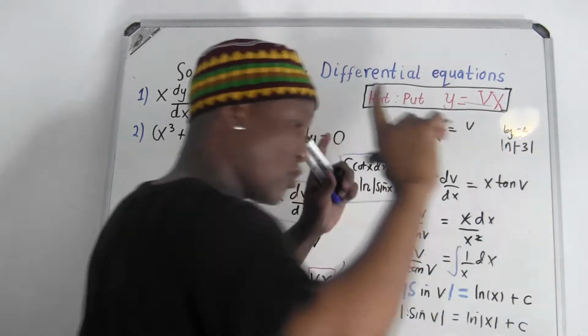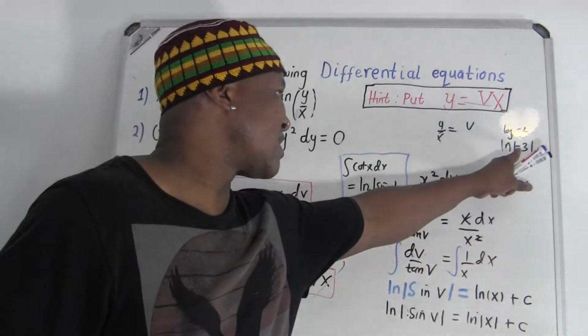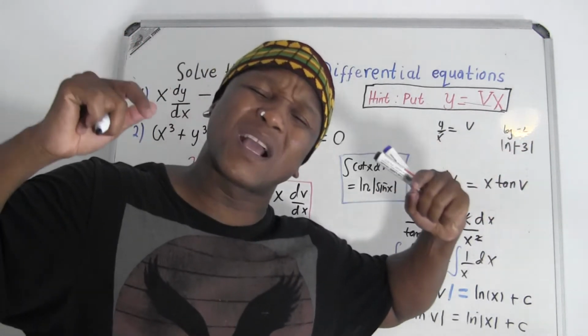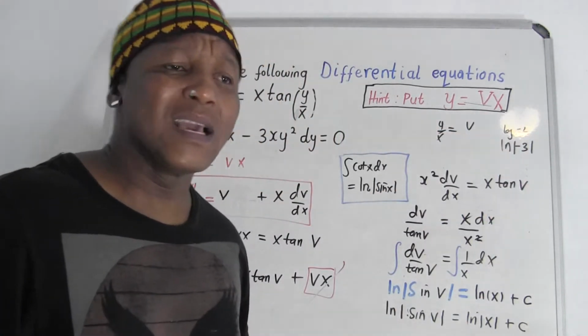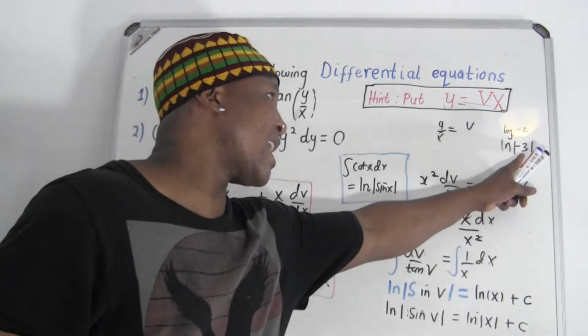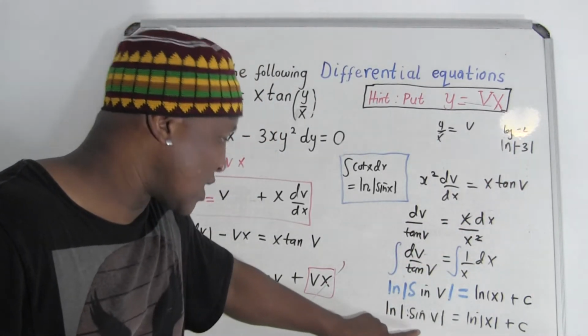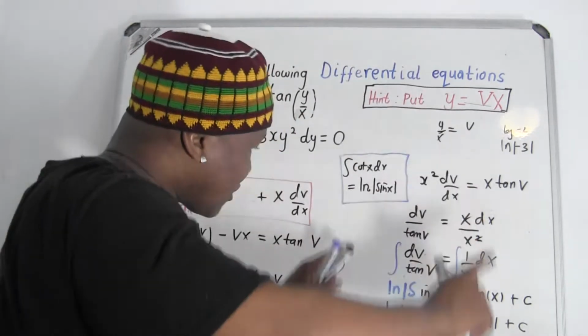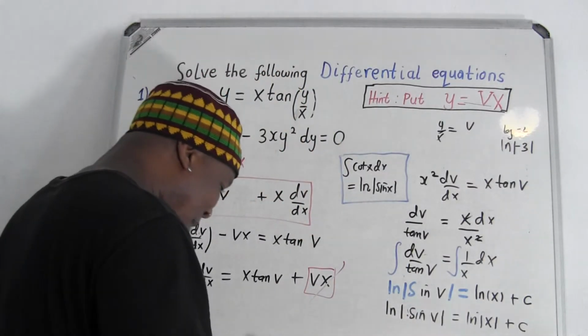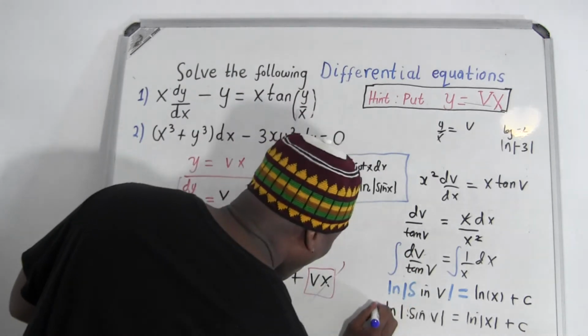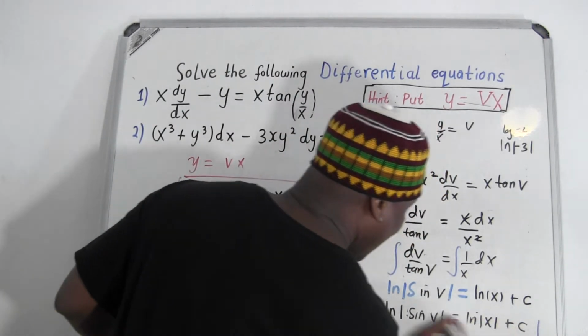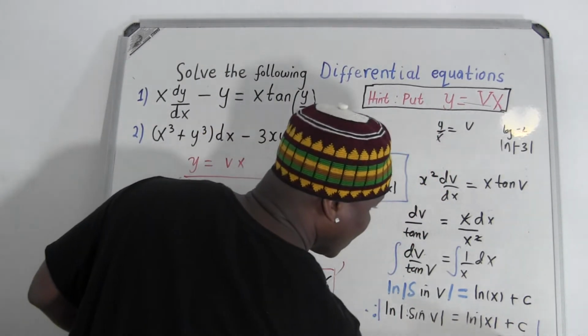That's why I put the absolute, because anything inside the absolute is going to become positive. Whenever I have my ln, you can see I just put absolute. And that being said, that's how we do the first question. Okay?